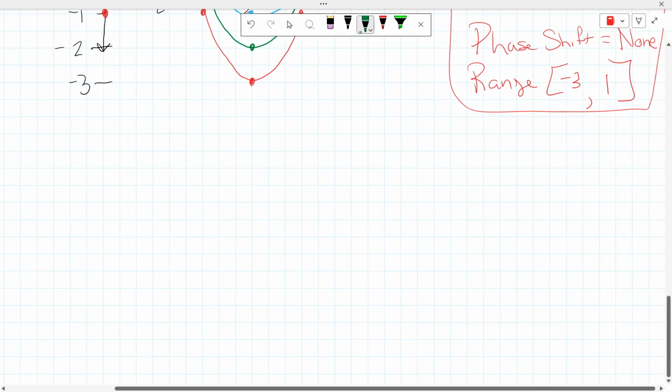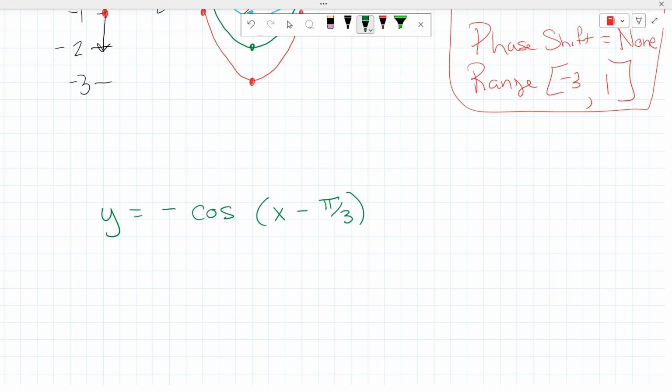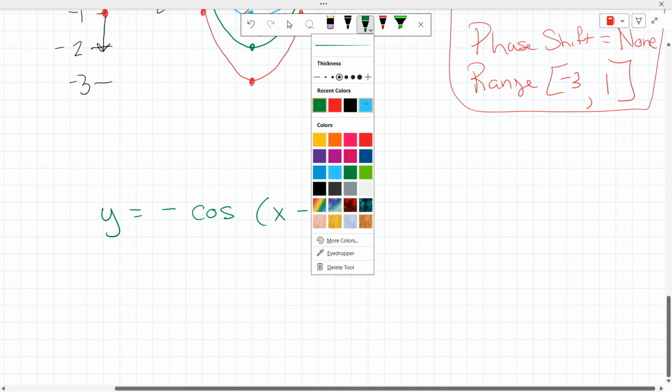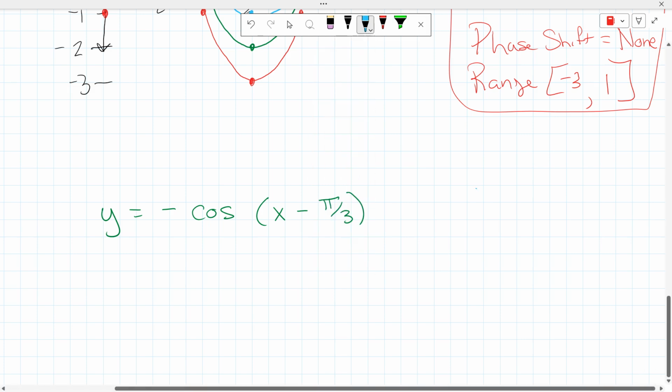Let's graph y equals negative cosine of x minus pi over 3. Well, what's my base root function here? Y equals cosine of x.